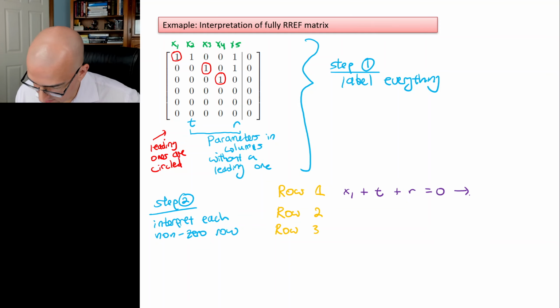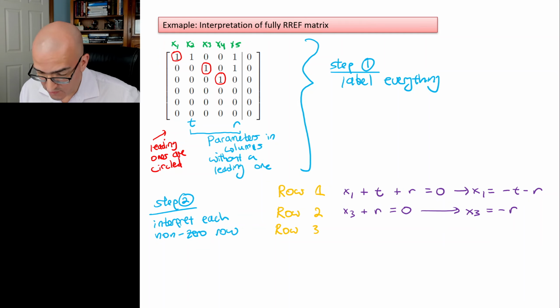So that means x1 is equal to negative t minus r. Row 2 says that x3 plus r equals 0. So that says that x3 is equal to negative r. And row 3 says that x4 is equal to 0.